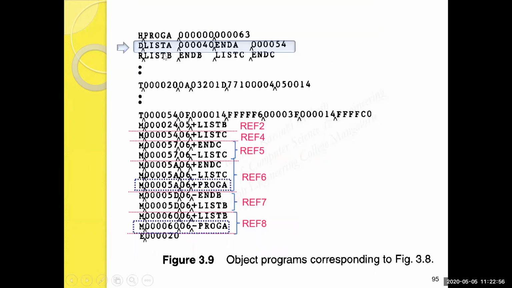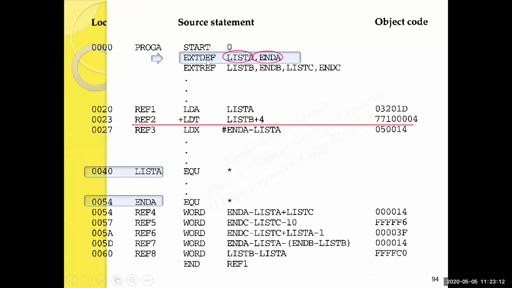You may see the define record: list A and end A are added with the values 40 and 50. So the format is D followed by the external symbol followed by the address of the external symbol, and this has to be repeated for every external symbol in the xdef statement. In this example, you see that there are two external symbols, end A and list A, which are defined in program A.